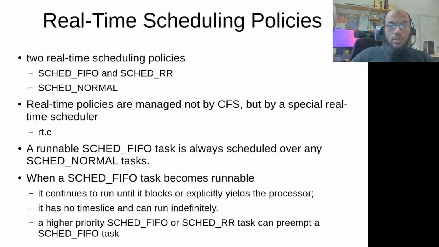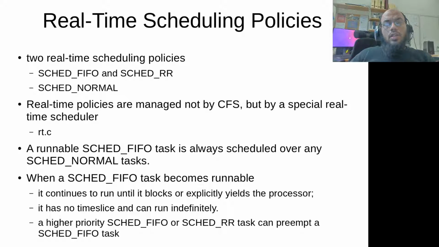They are both implemented in realtime.c, rt.c. This is your entry point for both of them, and they are not managed by the CFS at all. So CFS has nothing to do with real-time policies in the Linux kernel, but rather what you need is core.c and rt.c to basically run using real-time scheduling.